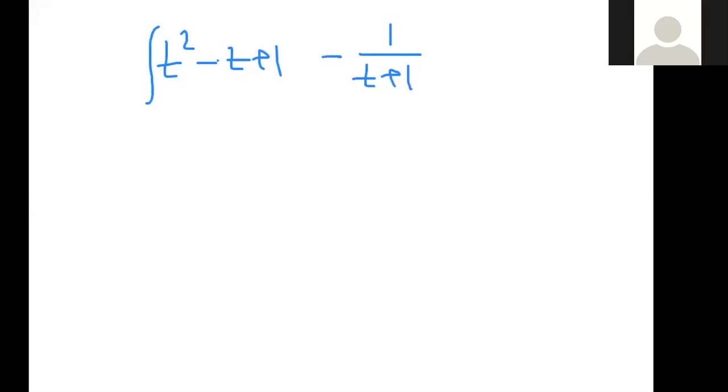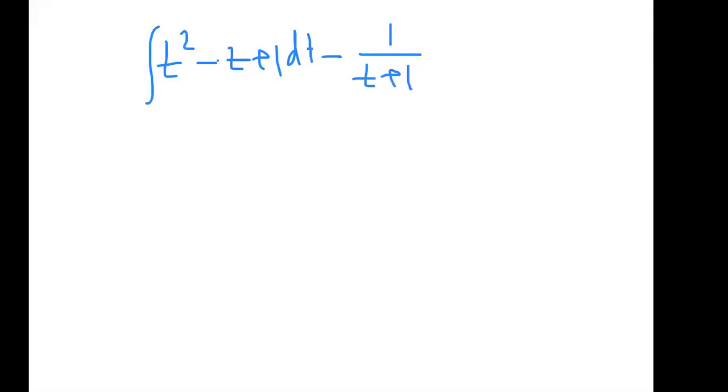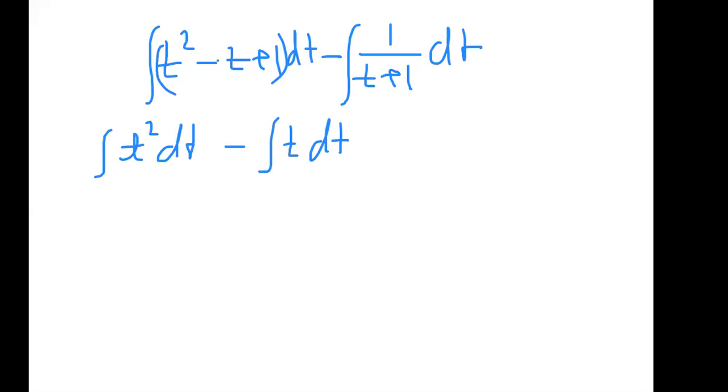So integral dt, in the bracket I'm writing this dt. Now step by step I'm doing integral t square dt minus integral t dt plus integral 1 dt minus integral 1 upon t plus 1 dt.